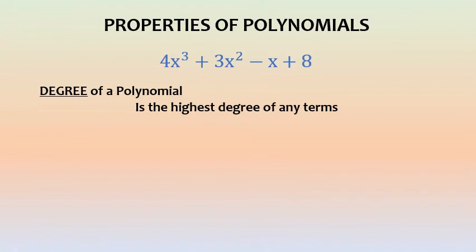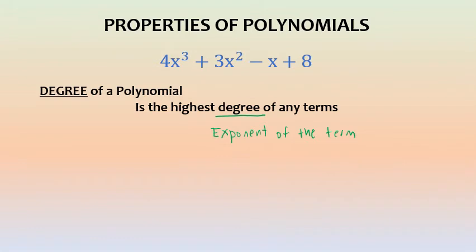Take note, pinag-usapan natin ito kanina, class. When we say degree of the term, it is the exponent of the term. But this time, what we are talking about is the degree of a polynomial. So, talking about degree of a polynomial, it is the highest degree or the highest exponent among any terms.